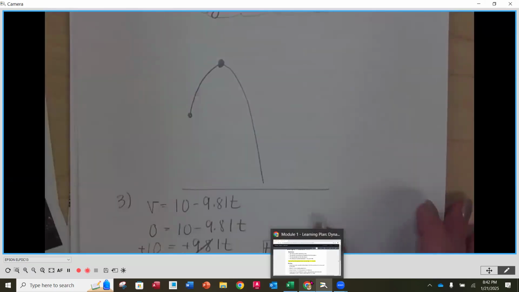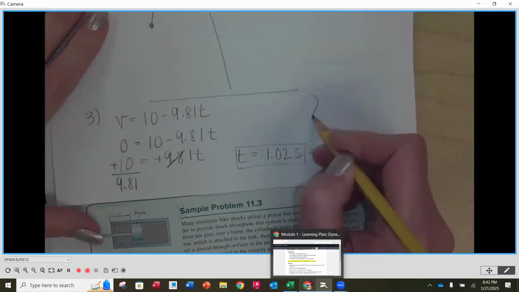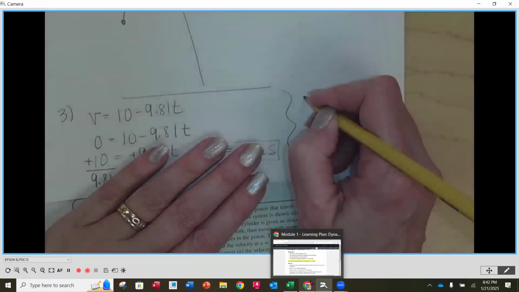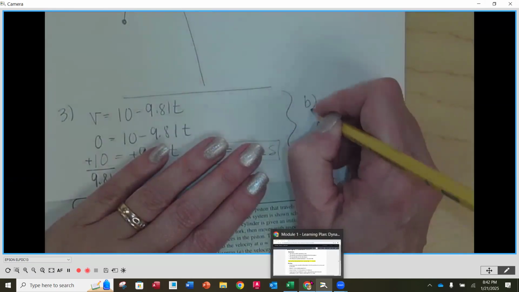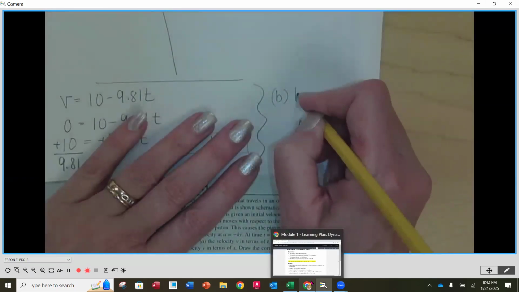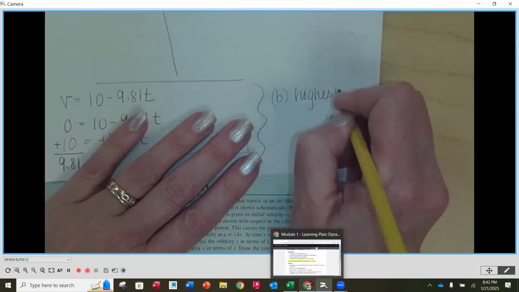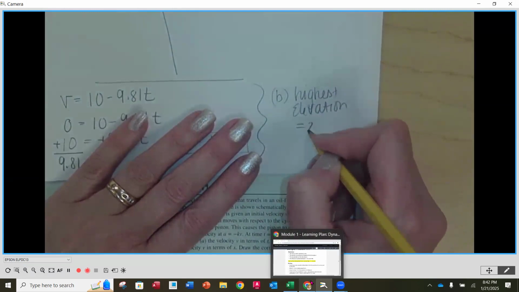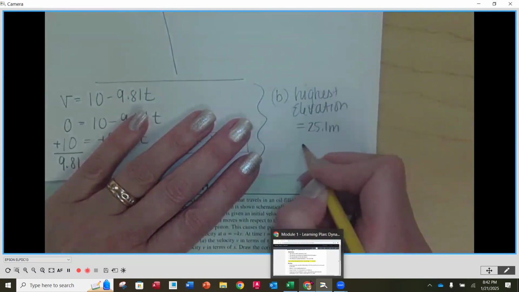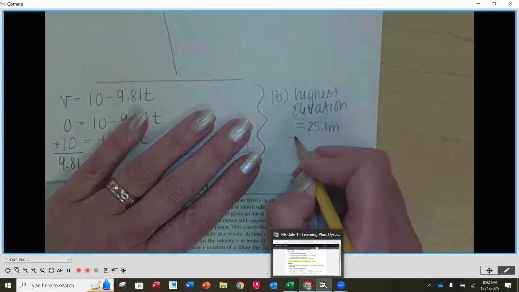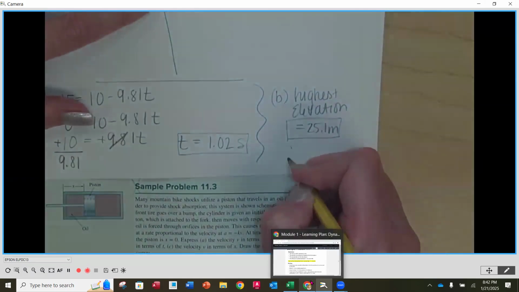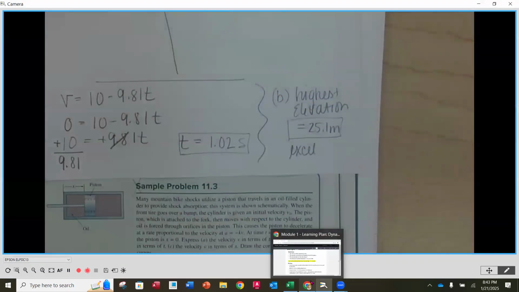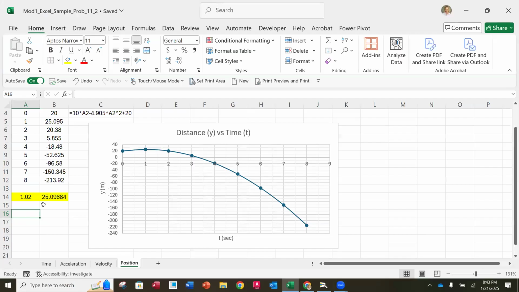So you could then, for step 3 here, for part B, say the highest elevation is equal to 25.1 meters. And like I said, if you wanted to use Excel here, you can label this to let me know there's your highest elevation. Does that make sense?